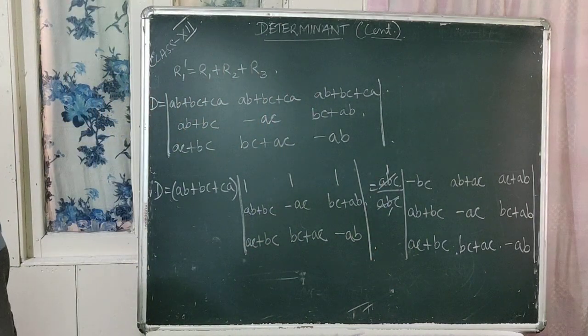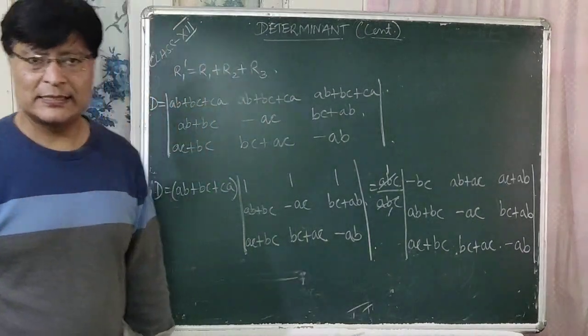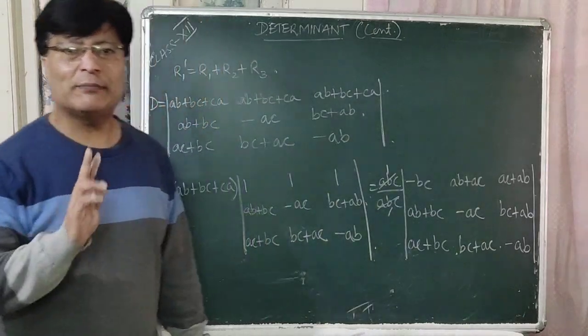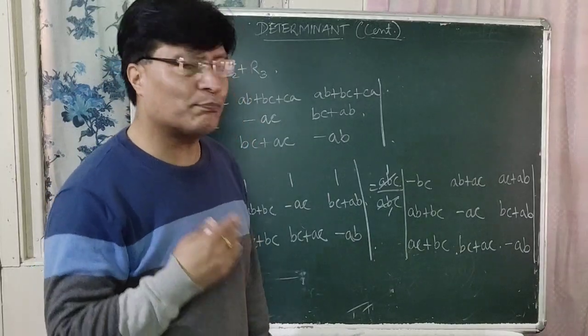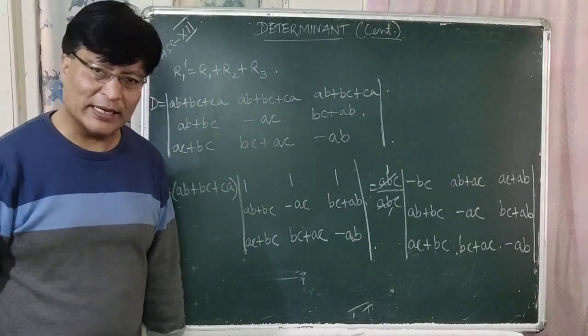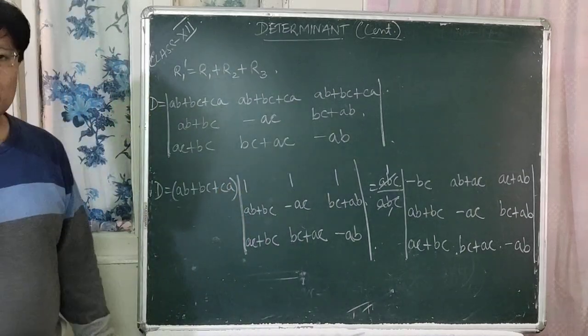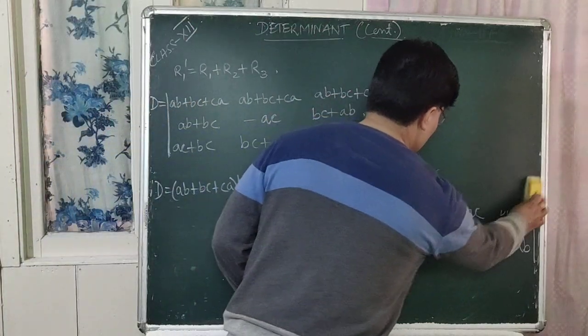Is that clear now? So what is the advantage if there are 3 ones in one row? You can make any 2 of these ones 0 by using properties so that you can easily expand it. Okay? So let us make 2 of these ones 0. What is the property that you can use here?